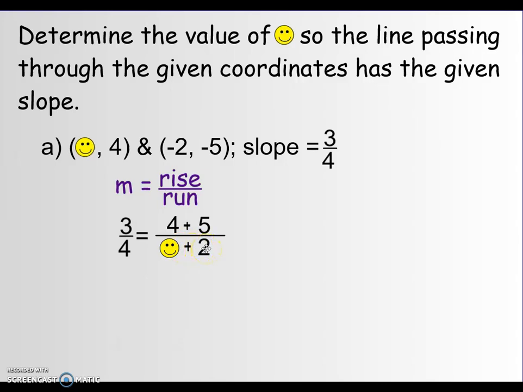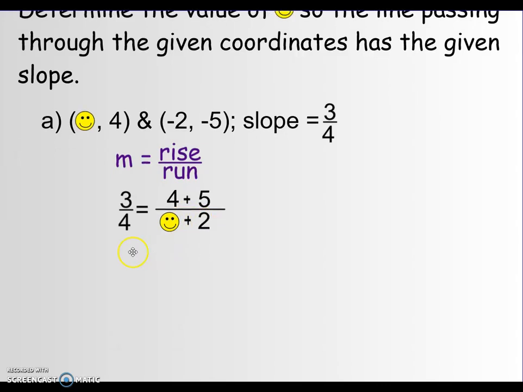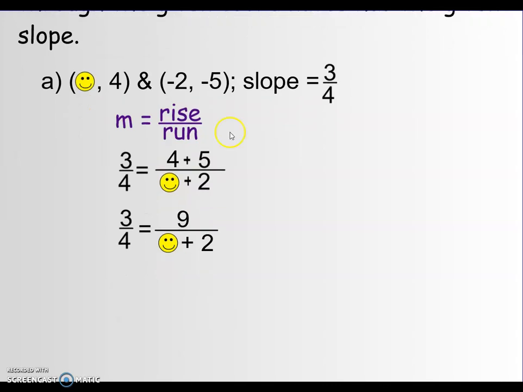And now it just becomes a basic algebra equation. So we can clean things up. 3/4 equals, well, we know 4 plus 5 is 9 over smiley face plus 2. And now one of our strategies that we learned in algebra last year is when you have a single fraction equal to a single fraction, you can cross multiply.